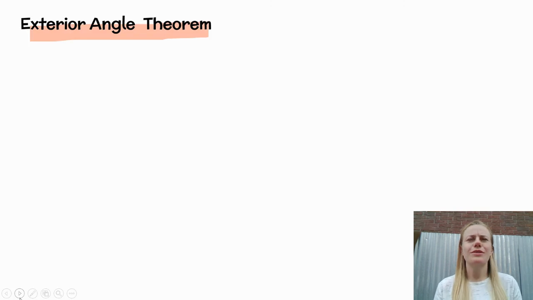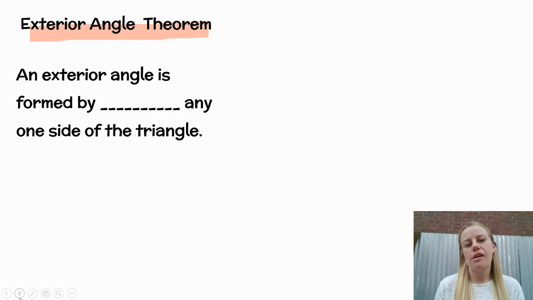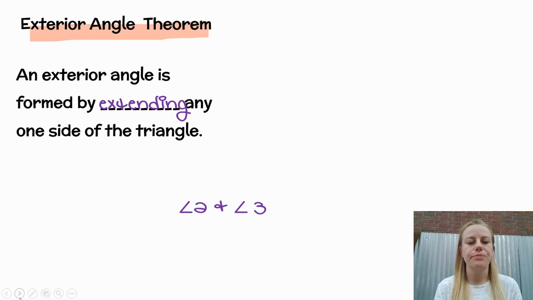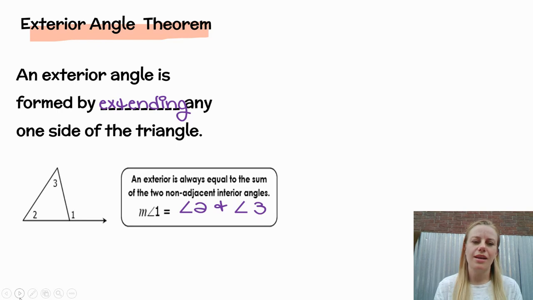Okay, our next theorem is our exterior angle theorem. An exterior angle is formed when we extend one side of our triangle outside of the triangle. So you can see here we've got this triangle, and the bottom of it is extended, creating that angle 1.